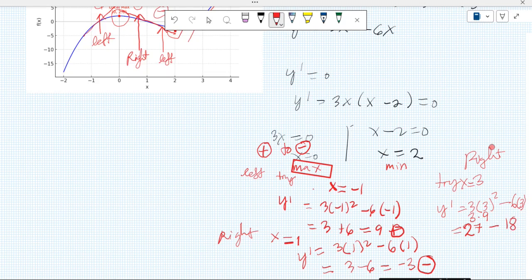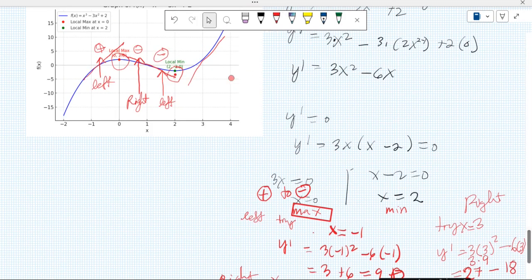Okay, and 27 minus 18 will give you a positive number, and that's correct. The value here is positive to the right of 2.